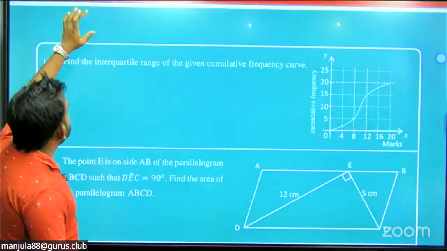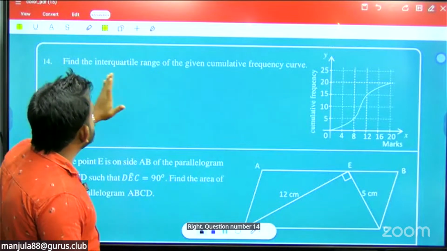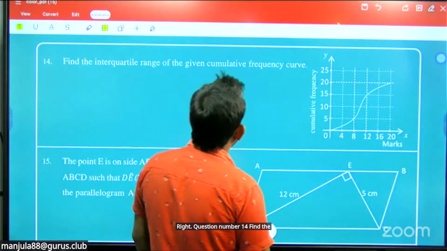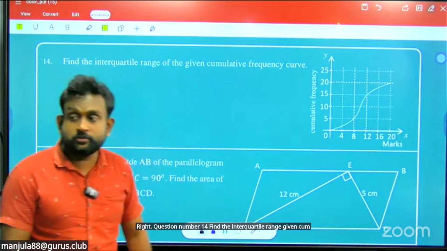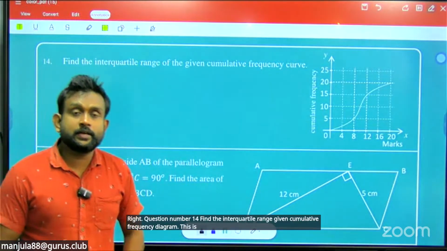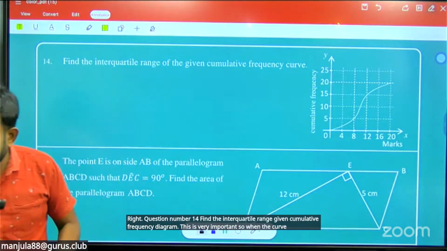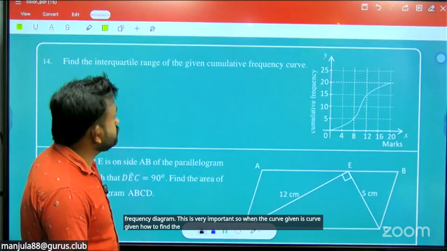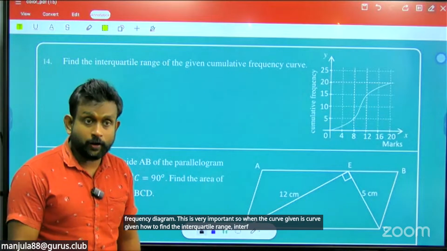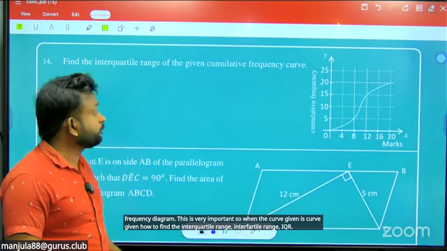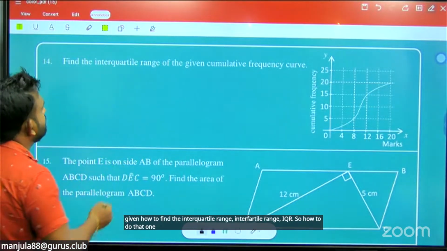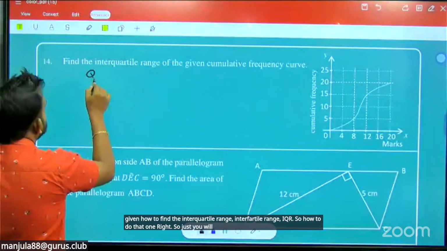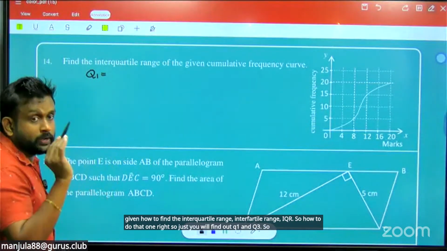Question number 14. Find the interquartile range given the cumulative frequency diagram. This is very important. When the S-curve is given, how do we find the interquartile range, IQR? You just find Q1 and Q3. So how to take Q1?